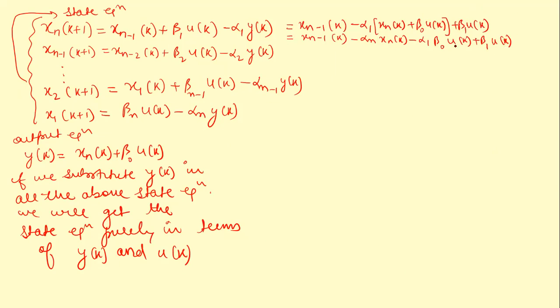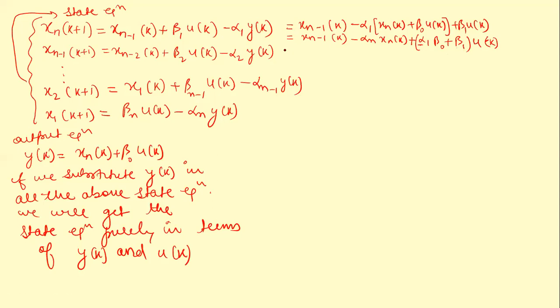So we can take this uk common, and we will have this kind of equation now. So we have plus beta 1, and this is plus, so minus alpha 1 beta naught plus beta 1 uk, this one, right?